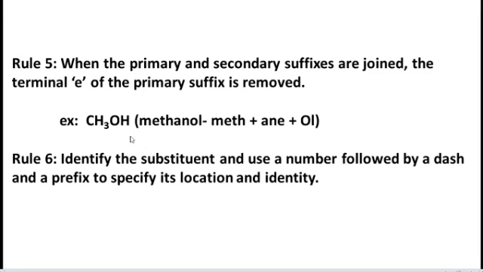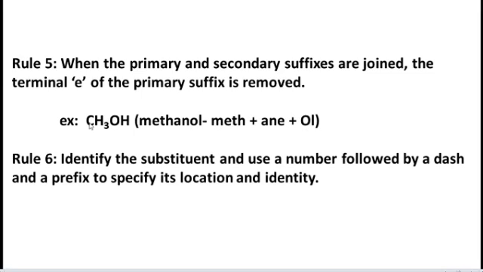Example: for the compound CH3OH, the name is methanol. Only one carbon, so meth is the prefix word. Combined with the single bond, ANE is the primary suffix. The functional group is OH, that is alcohol, so it ends with OL, the secondary suffix.